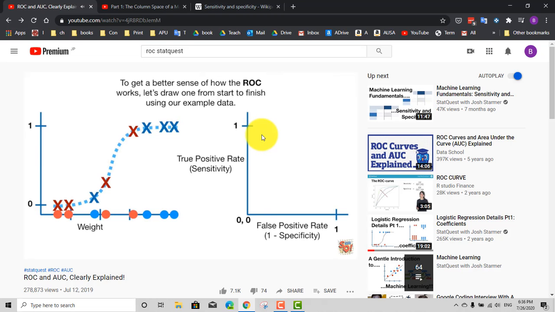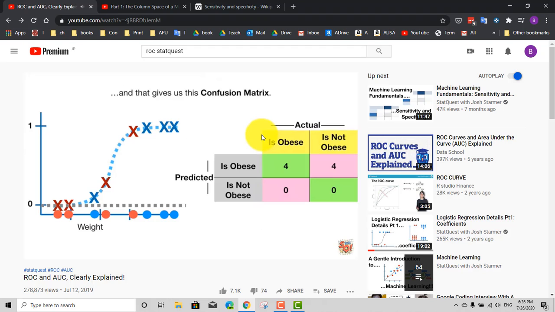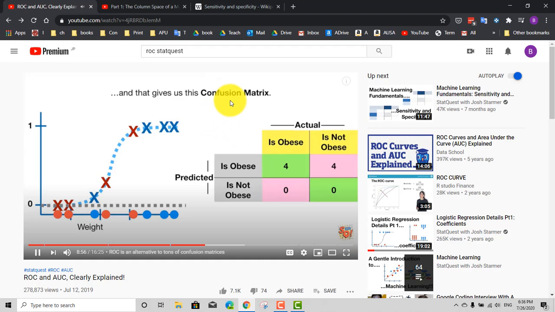To get a better sense of how the ROC works, let's draw one from start to finish using our example data. We'll start by using a threshold that classifies all of the samples as obese. And that gives us this confusion matrix. So we take a very low threshold, so low that no matter what the weight, we're always going to classify them as obese.